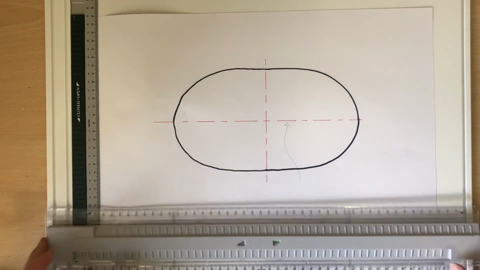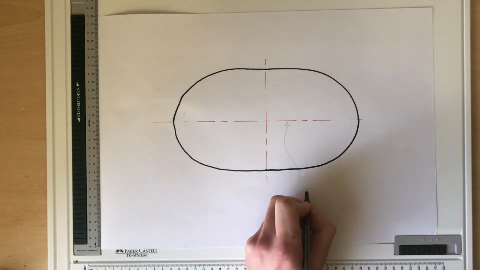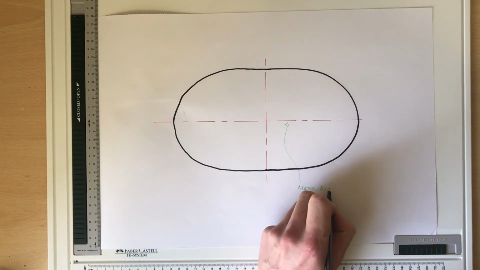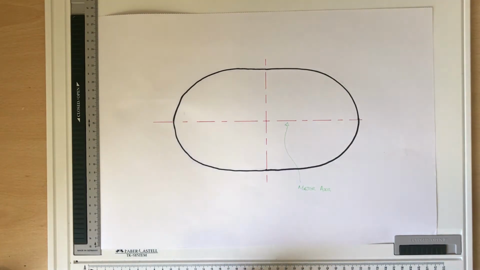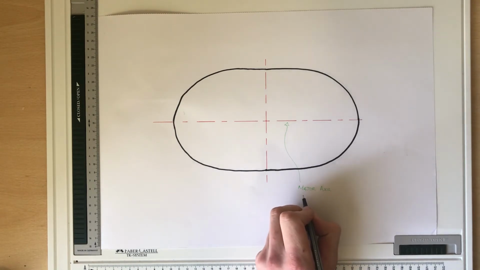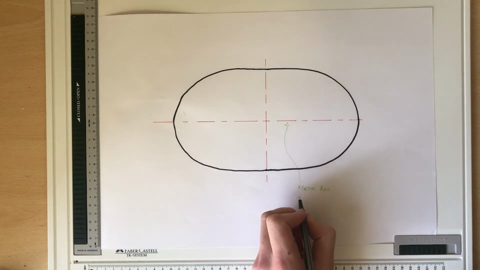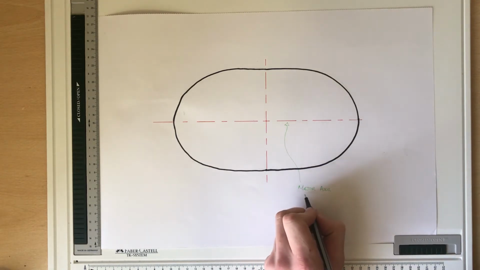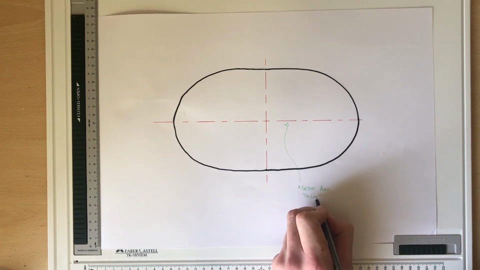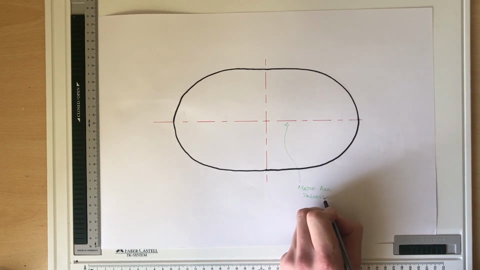So if we come here, this is the major axis. So the major axis is the longest point on the ellipse. So it's that goes through the center. So it's the longest point on the ellipse, the longest distance across the ellipse that passes through the center.